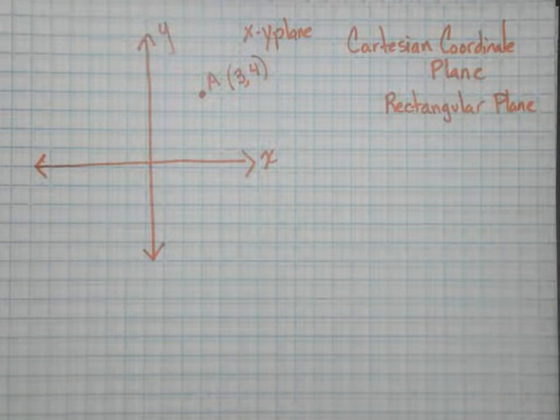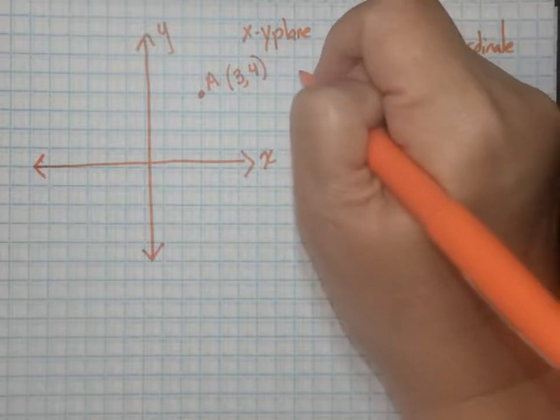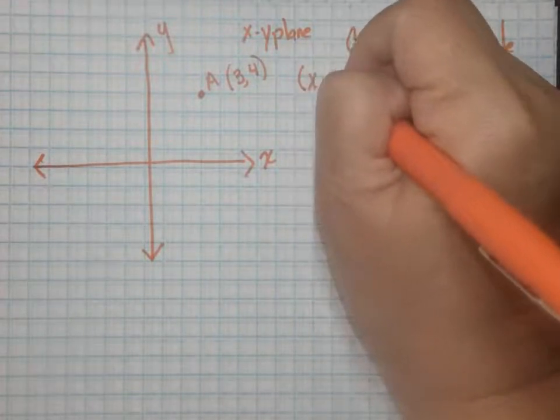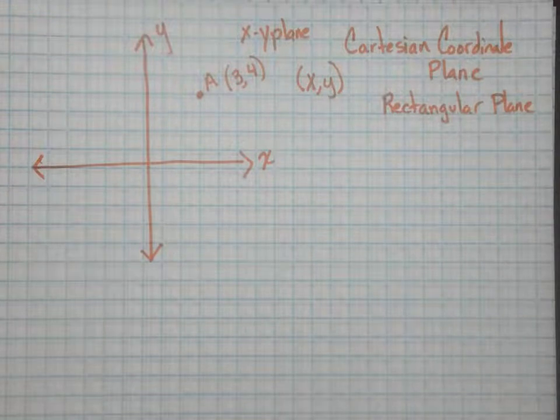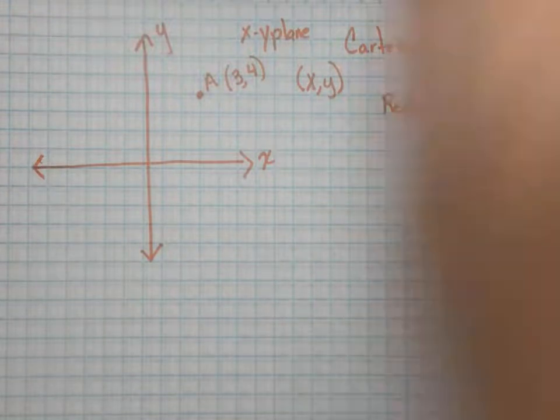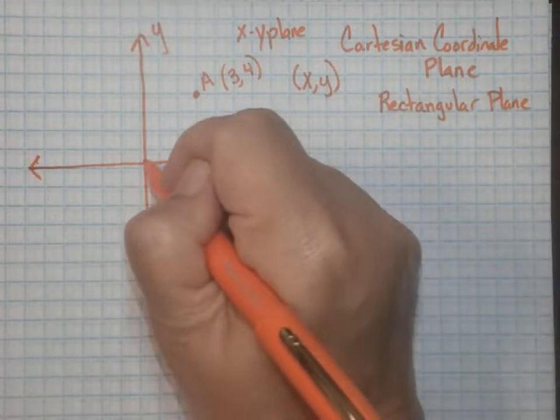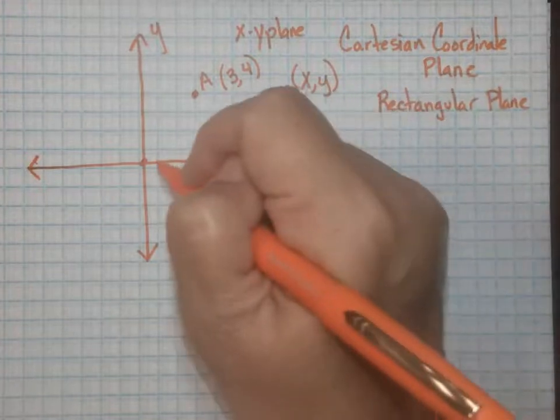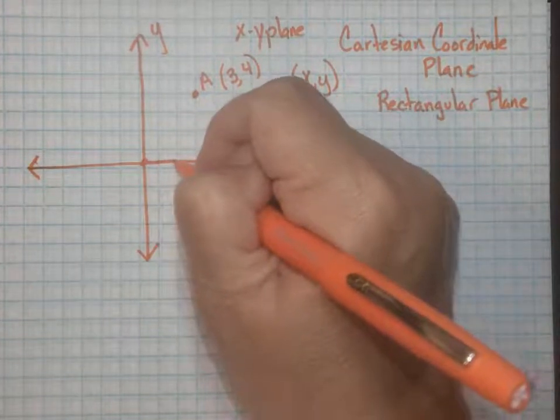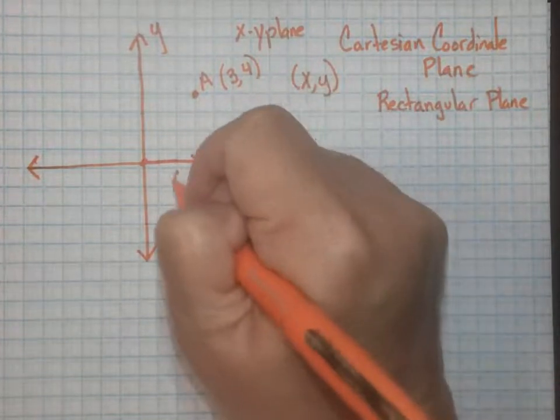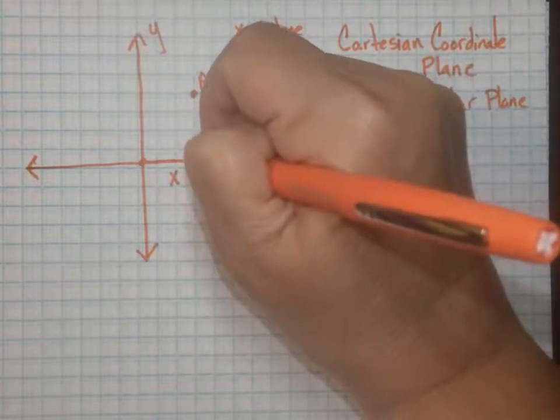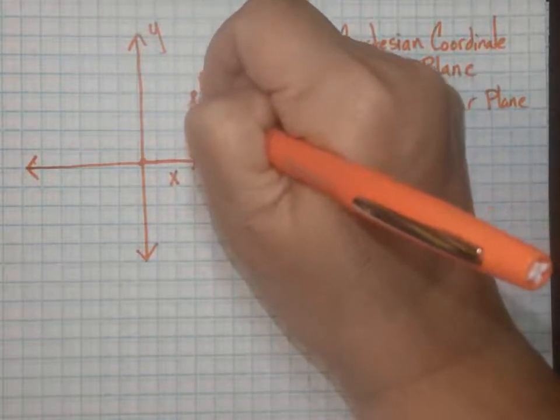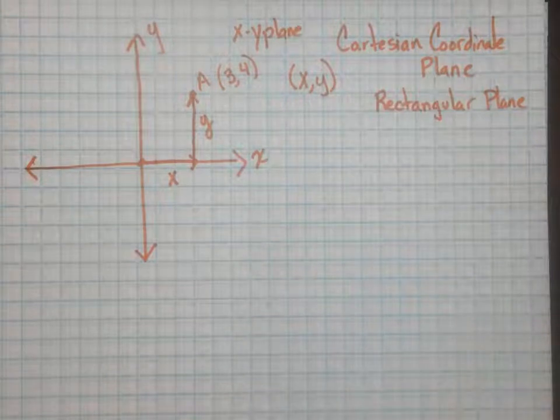Because our Cartesian coordinate plane says that we graph ordered pairs x, y, and that x represents, well, you start at the origin, and x represents moving horizontally 3 units like that, and then y represents moving vertically 4 units like that.